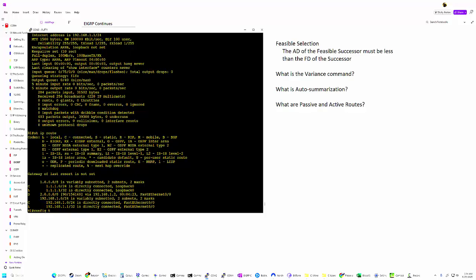Here we go, interface command right here. Reliability is the reliability of the link. So if my router's been up for a year, and that link has gone down 50% of the time, then most likely I will have a reliability of 128 out of 255.